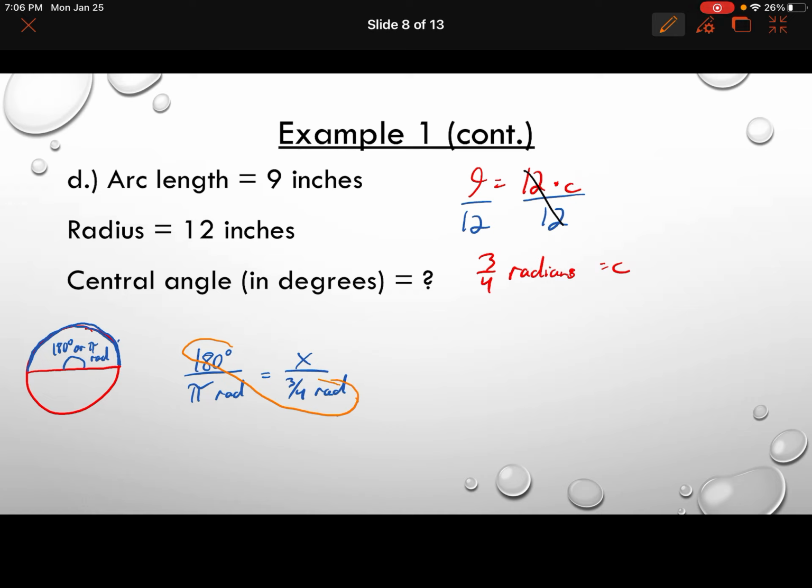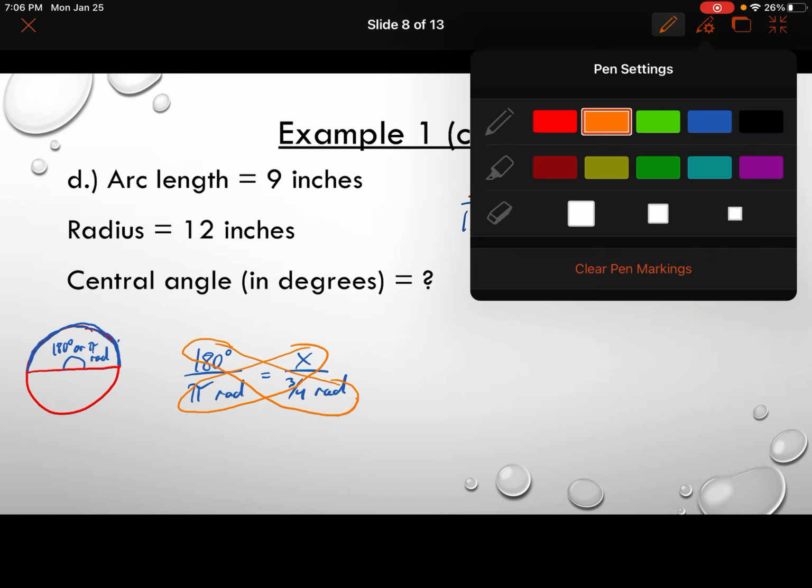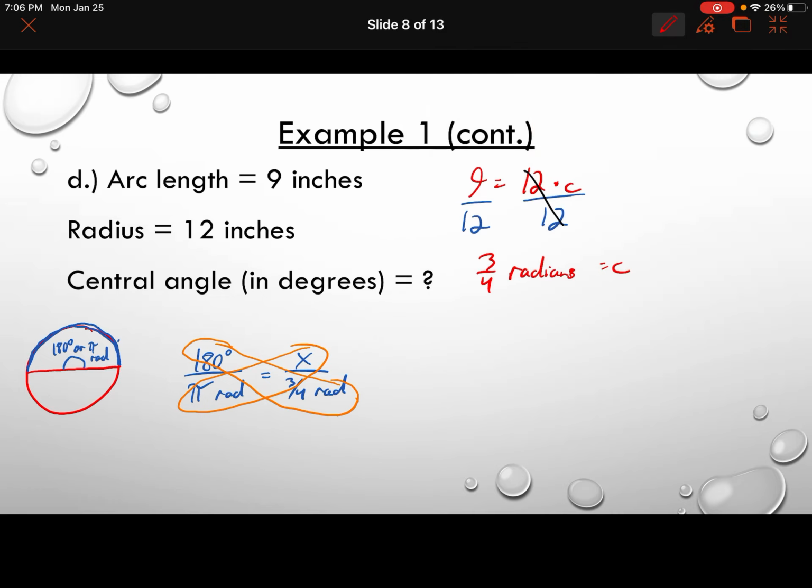Let's cross multiply this with this. So once again, 180 times 3/4 is equal to pi times x. That's what I mean by cross multiply. 180 times 3/4, plug that into a calculator, you get 135 degrees.